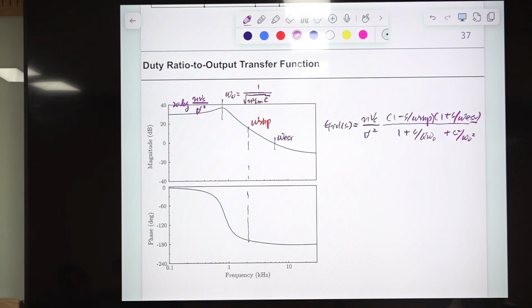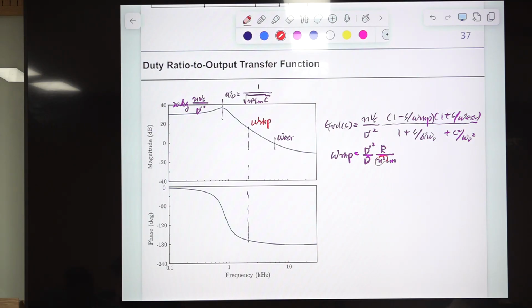The expression for omega RHP is D prime squared divided by D, times R divided by N squared Lm. So everything remains the same. You have just this N squared term because of the presence of the transformer.